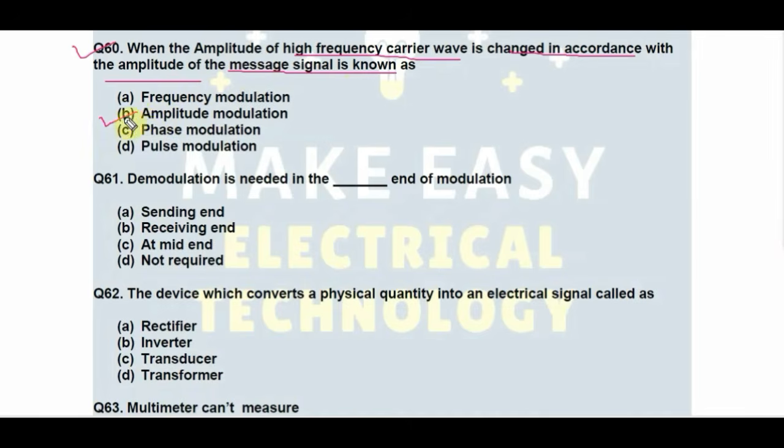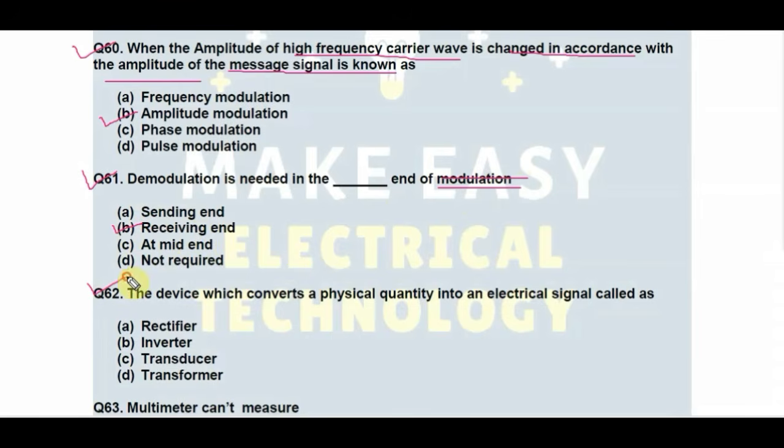Option B is the correct answer. In the next question, demodulation is needed in the dash end of transmission. This should be transmission. So demodulation at the receiving end is required. So option B is the correct answer.